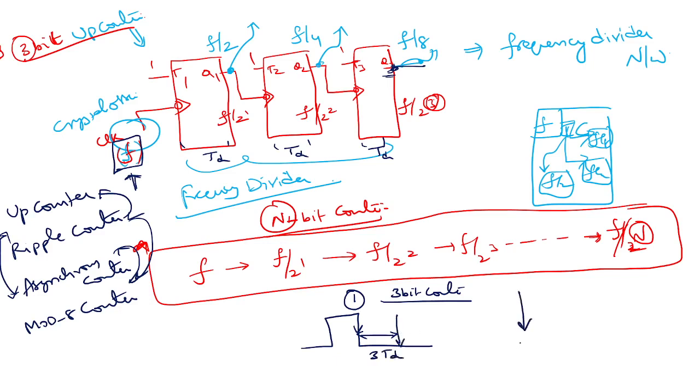You applied the first negative edge. Before applying the second negative edge, you have to wait at least 3 times TD. So this could be the clock frequency. Your clock time period should be greater than or equal to 3 times TD.